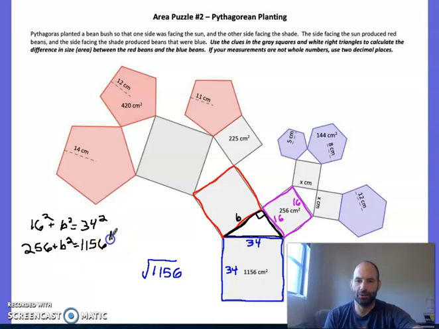Right here, side note, this can tell you something about the Pythagorean theorem, which is when you have it set up like squares like this, the 2 little squares add up to the big square. Who knew? So that means b squared, which is the area of that middle square, is 1156 take away 256, and that makes 900.